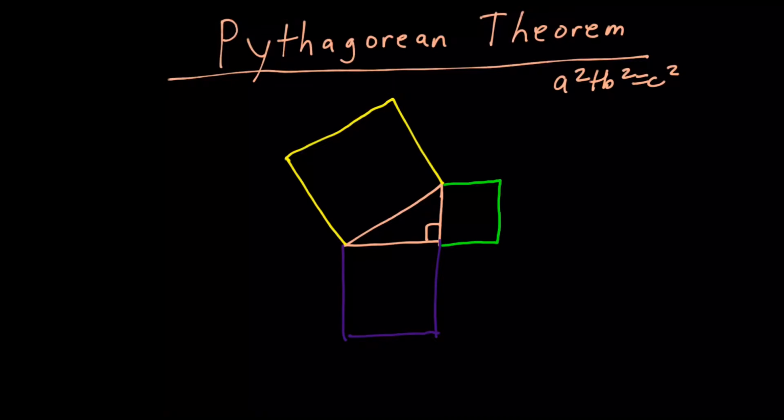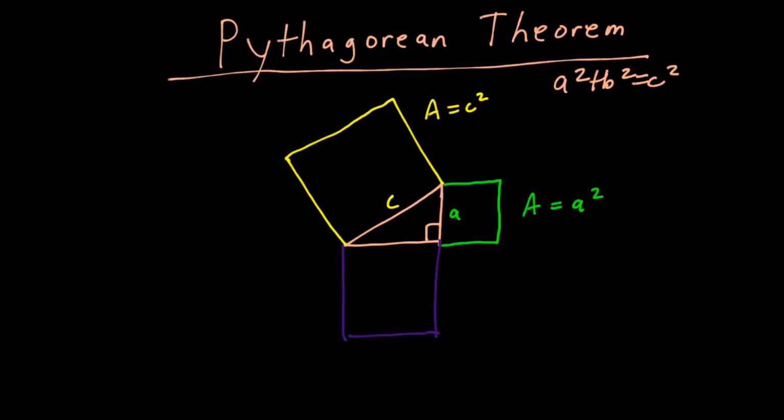So what are the areas of these squares? Well, the area of a square is its side squared. So if we call this side C, then the area of this square equals C squared. We call this side A, and the area of this square is going to be A squared. I'm denoting area with a capital A here.